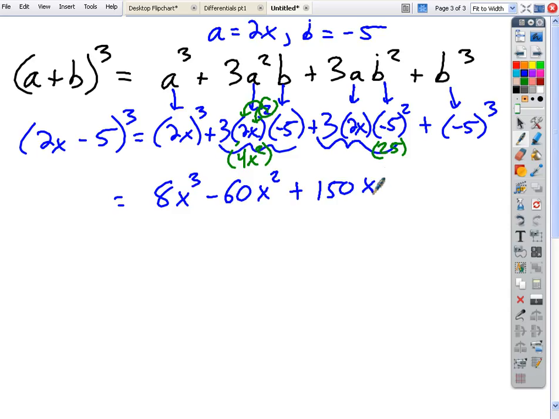And then finally, negative 5 cubed. Well, 5 times 5 is 25, times 5 is 125, positive or negative? Negative, because we have a negative number to an odd power. So there it is. Okay, not so bad.